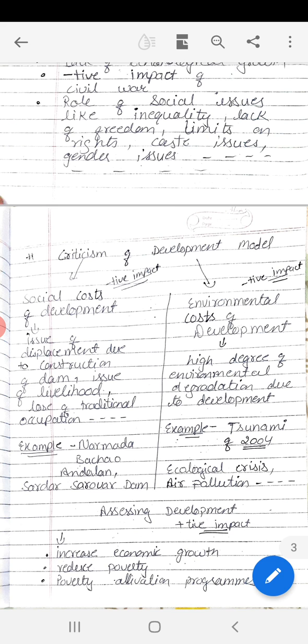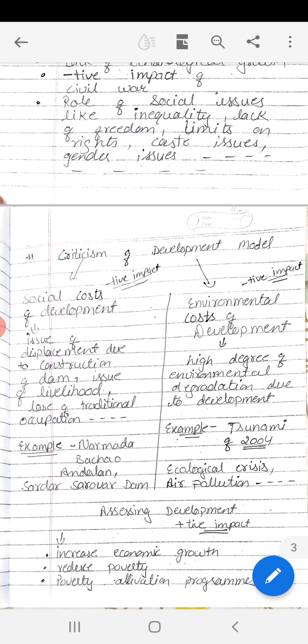There is now research for alternative ways of measuring development. One such attempt is the Human Development Report, which is brought out annually by the United Nations Development Programme, UNDP.